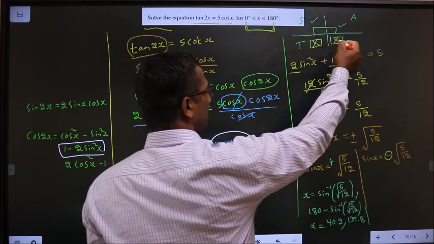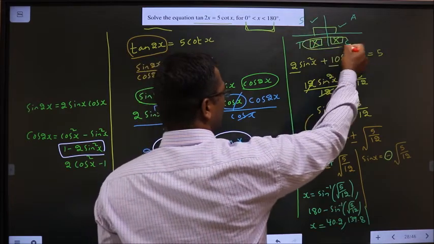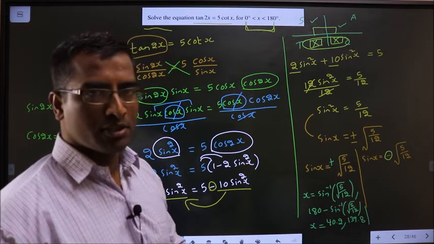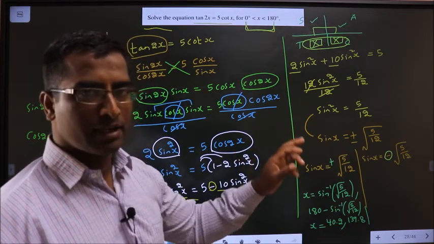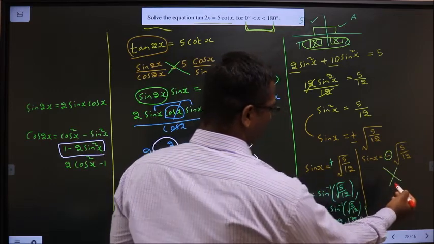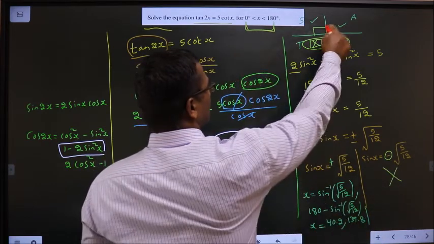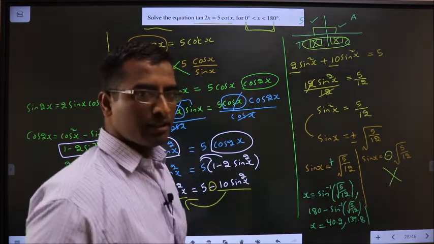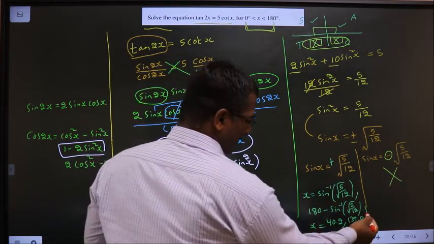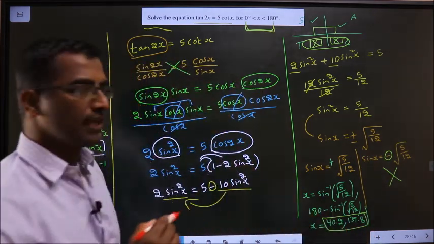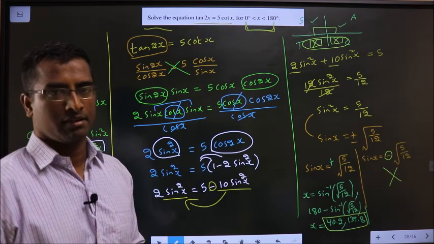Even if I find these angles, they are not in the given interval. So no use of finding the angles in third and fourth quadrant because they are not in the given interval. In this case, both were in the given interval, so we found them. Okay. Thus, these are the values of x in the interval satisfying the given equation.